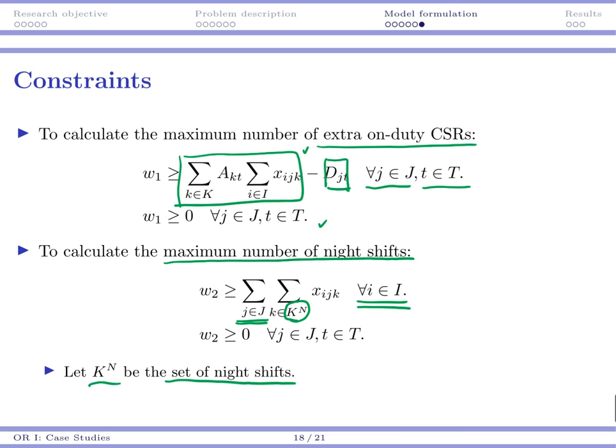Kn is the set of night shifts. So you're going to use this expression to count the number of days for this CSR to take a night shift. That may be 4, the other person that may be 2, the other person that may be 5, and so on and so on. W2 is the maximum of them, and that's your indicator for your second measurement for fairness.